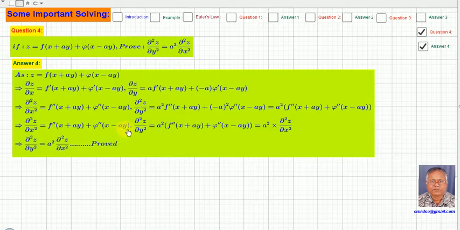So you will get del square z del y square is equal to a square del square z del x square. This way you can understand.